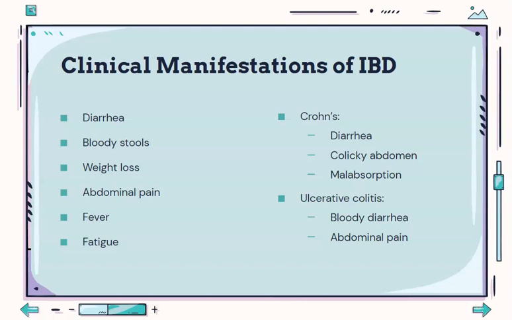There can be weight loss with both, because we have the issue with intake, the issue with absorption. Abdominal pain can be associated with both. Fever, fatigue, depending on if there's an infectious process along with it. Fatigue, if the nutritional intake is not what it needs to be, they're not getting what they need.